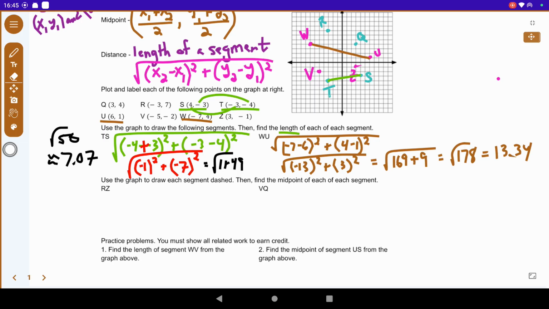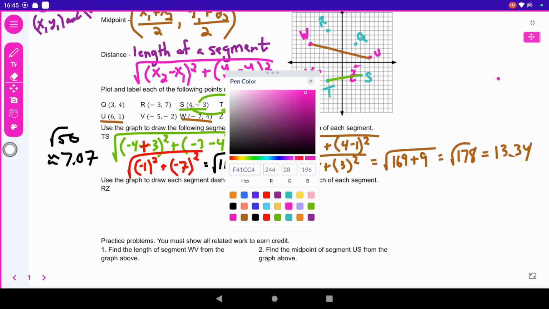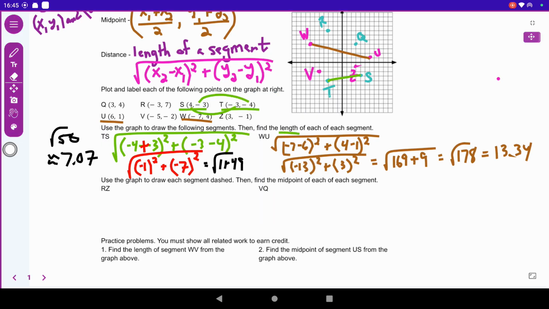Now, this one asks us, use the graph to draw each segment dashed, then find the midpoint of each segment. So we're going to connect R to Z, and it says to do so with a dash line. So we'll draw a dash line connecting them. And now we're doing the midpoint, so we're going to use that midpoint formula. We're going to take the two x values, so R and Z, and we're going to add, I'm going to go R first because it's listed first.